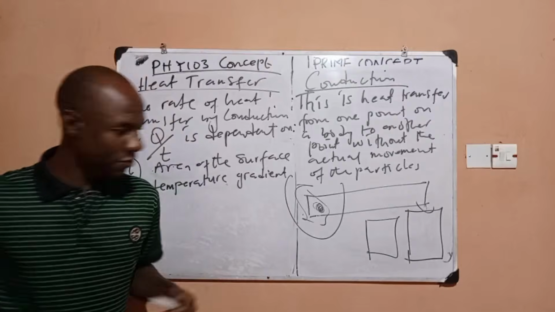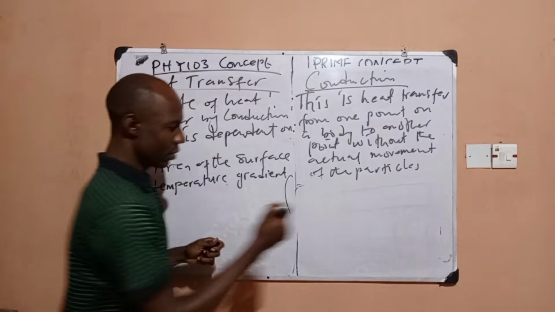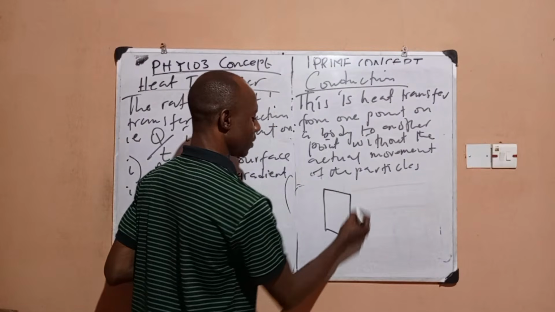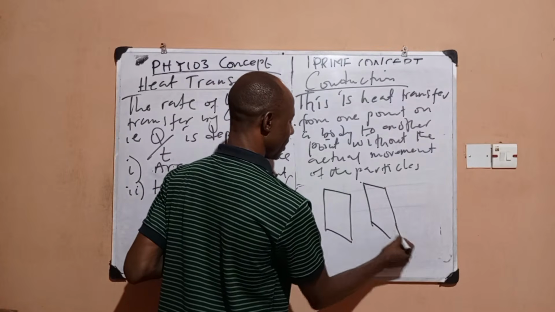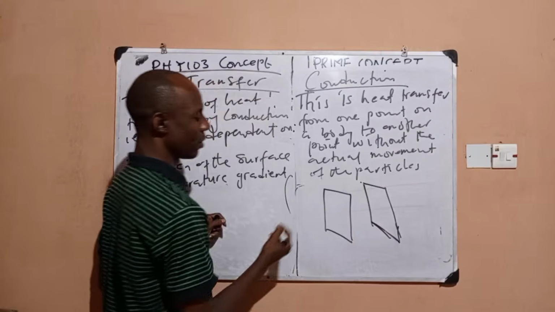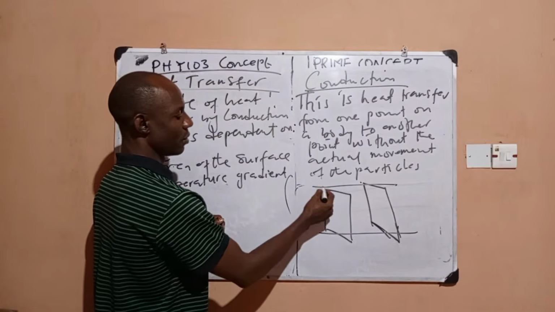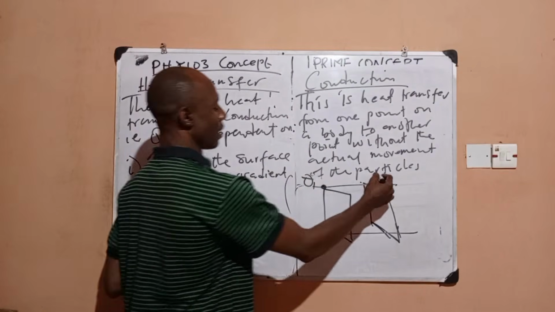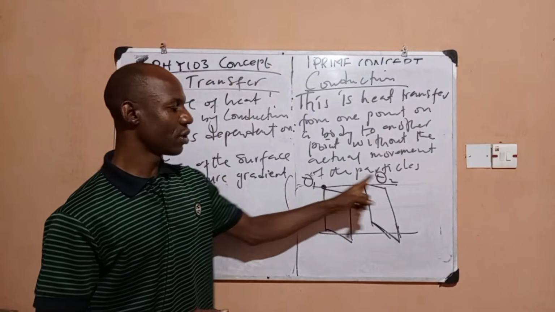So if you have this is a board, and then this is another board, and maybe they are connected this way. Maybe this part is hot at temperature theta 1, this part is at temperature theta 2. Heat will be transferred from this point to this point.